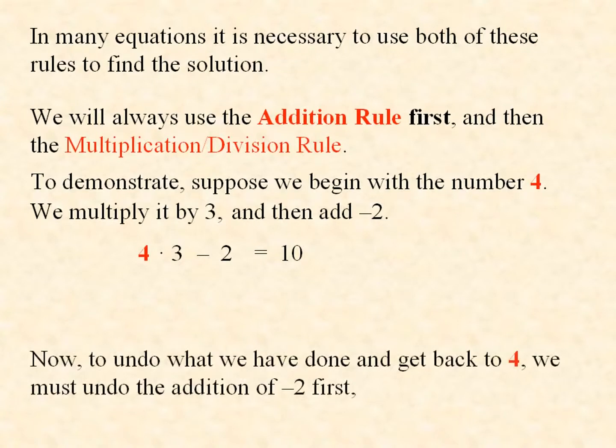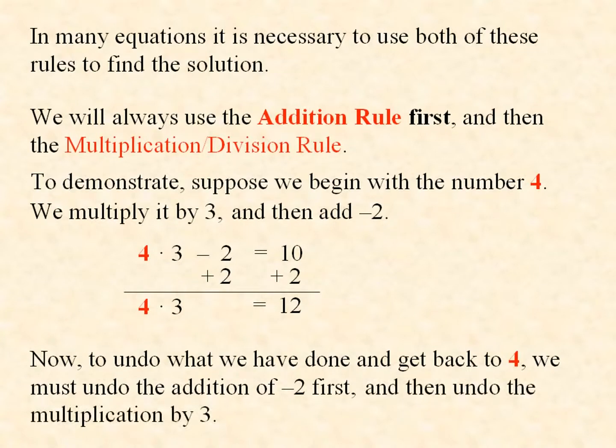Now, to undo what we have done and get back to 4, we must undo the addition of -2 first. We do that by adding +2. And that leaves us 4 times 3 equals 12. And then undo the multiplication by 3. We can do that by dividing by 3.